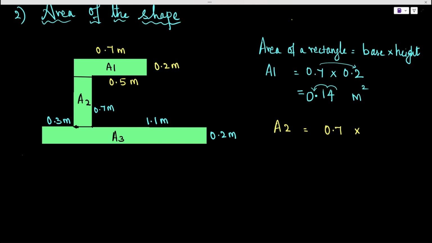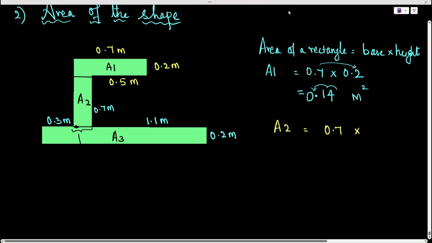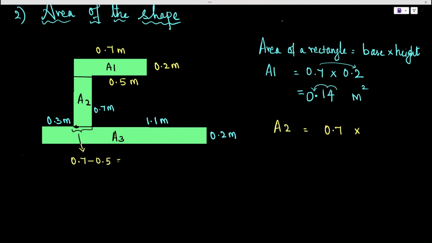But we also see that the overhang is 0.5 meters. So to find the length that connects area 1 to area 2, we have to do 0.7 minus 0.5. And this gives us 0.2. And this is the base length for area 2.